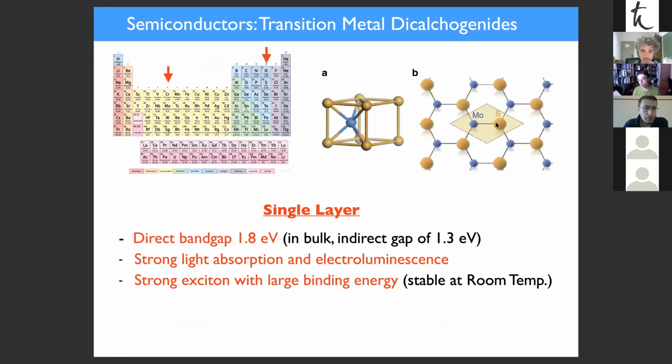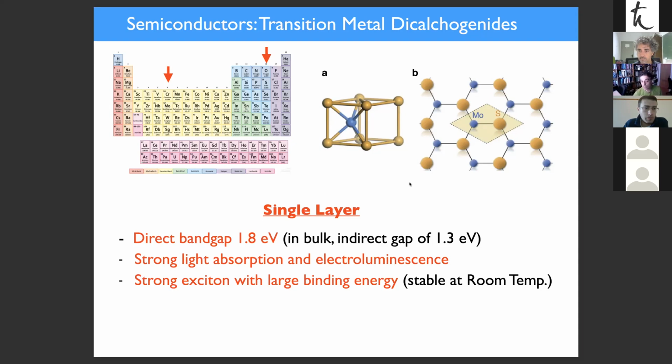But actually, the two sulfur atoms, you can make some symmetric and antisymmetric combination, and for the exciton that I'm going to consider, only one of the combinations plays a role. So this is like an effective system with two different atoms. So that is going to be characterized by something like a Dirac equation with a mass, because the two atoms are different. So it's like graphene with two different atoms.